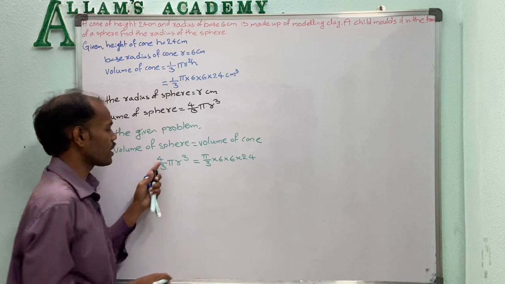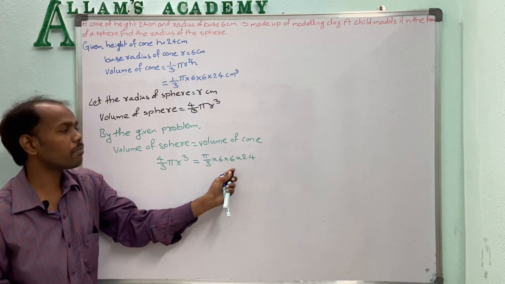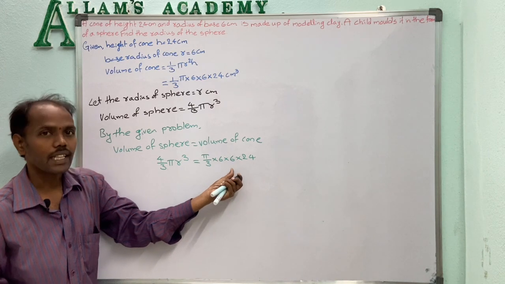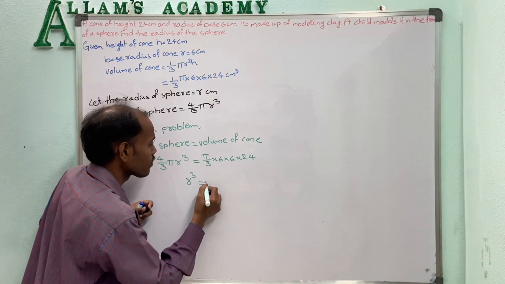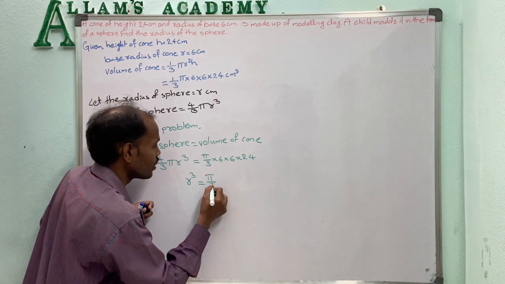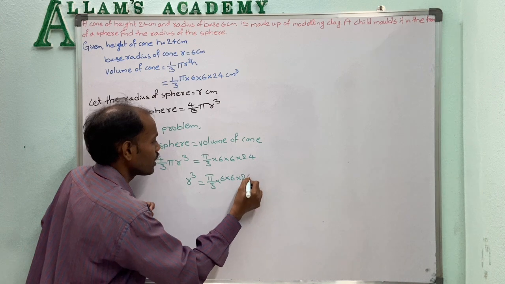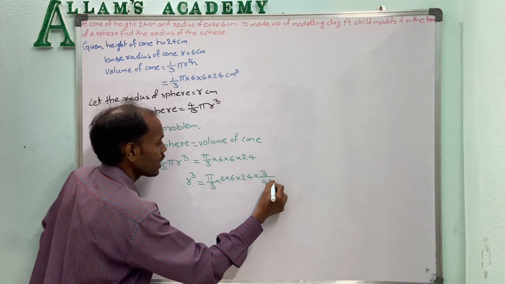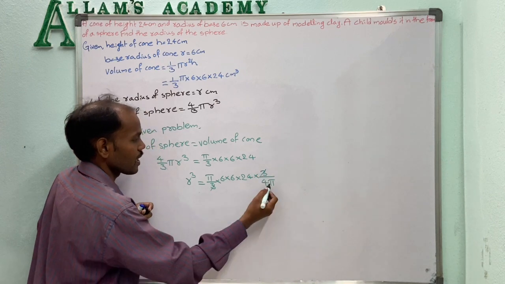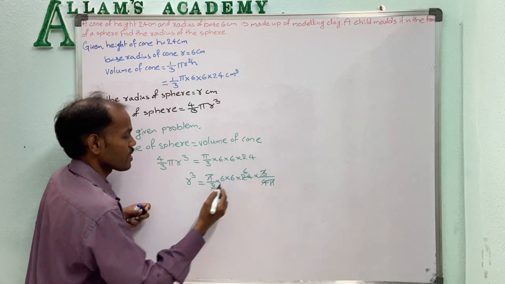Now this 4 pi by 3 is transferred to the other side as its reciprocal, 3 by 4 pi. So r cubed equals pi by 3 into 6 into 6 into 24 into 3 by 4 pi. The 3 gets cancelled, pi gets cancelled. So 4 ones are 4, 4 sixes are 24.